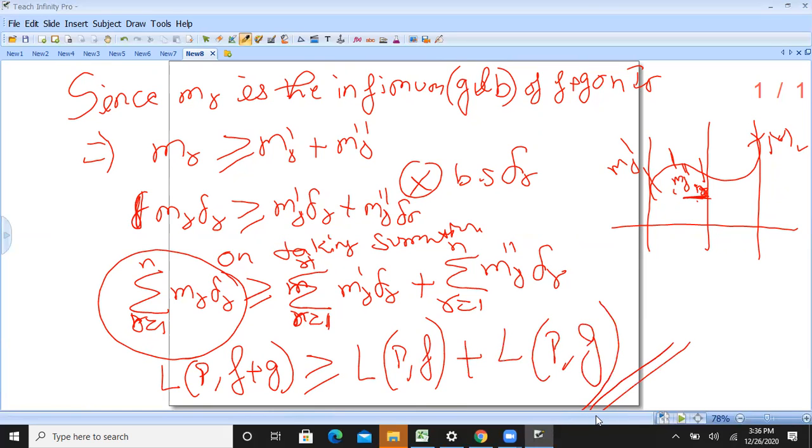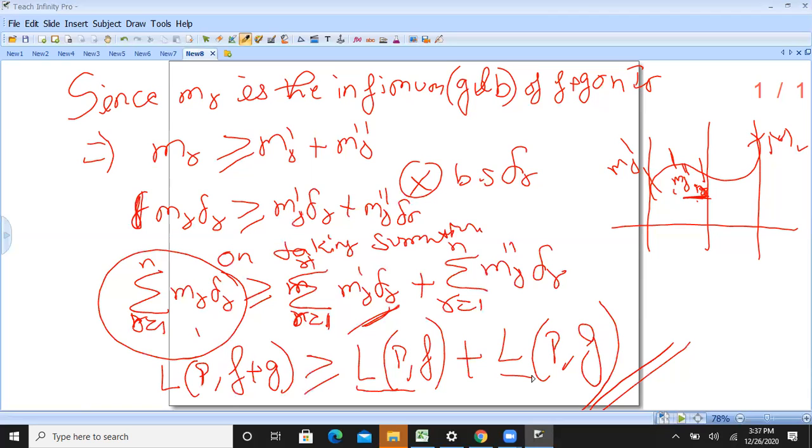The whole term is the partition, m into delta r, we call the partition of f plus g. This m dash gives the lower limit of P, f, and the lower limit of P, g.